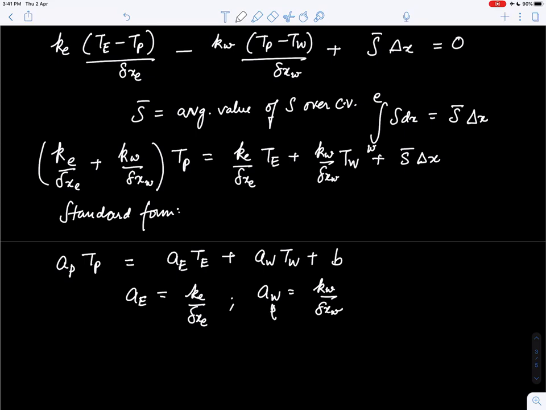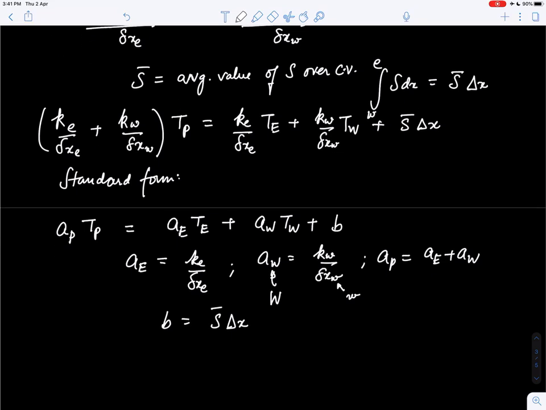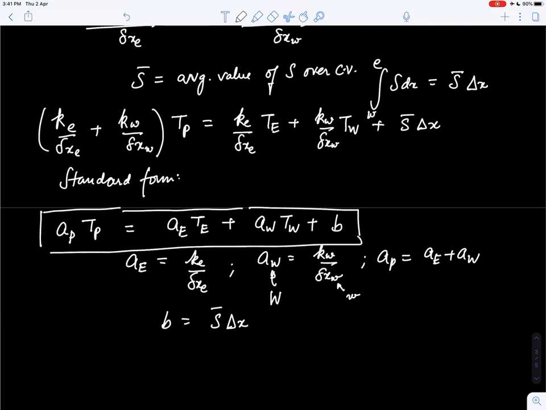Please note that this is a capital W and these are small w's. And a_P is a_E plus a_W, and b, the constant, is S bar delta x.